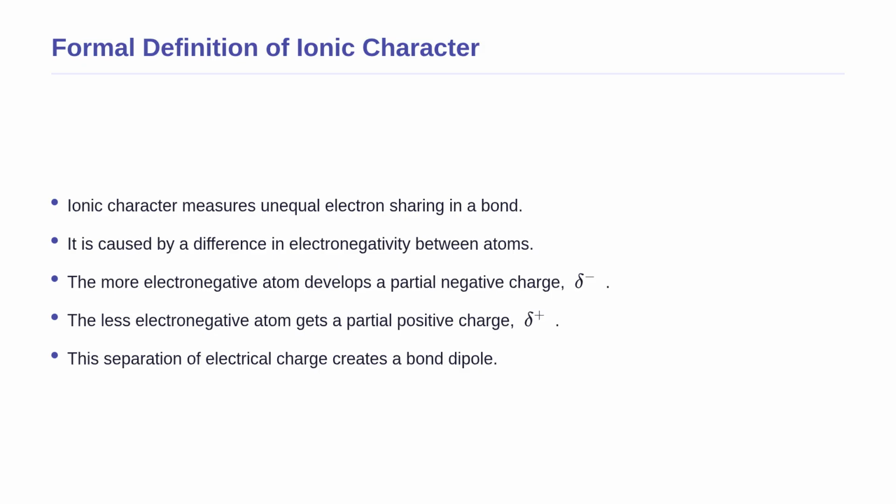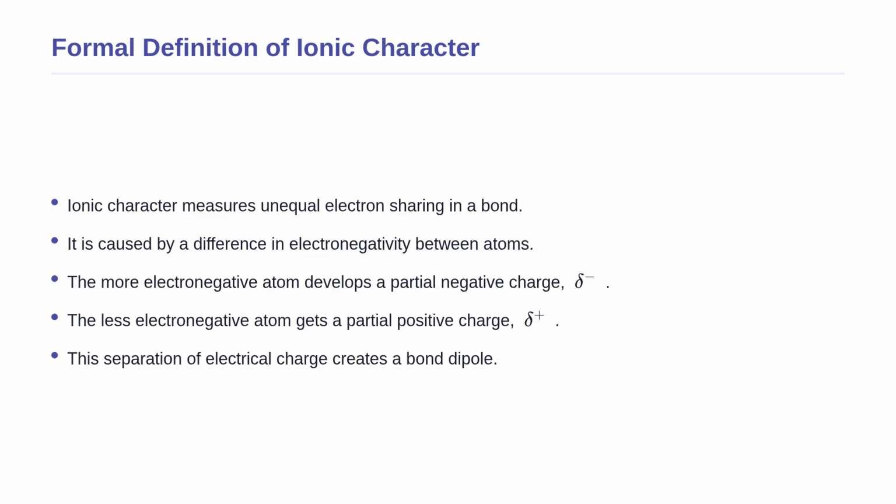Now that we have a conceptual picture, let us look at the formal definition. The ionic character in a covalent bond is a direct measure of this unequal sharing of electrons. This inequality is caused by a difference in electronegativity between the two bonded atoms. Electronegativity is simply an atom's inherent ability to attract a shared pair of electrons.